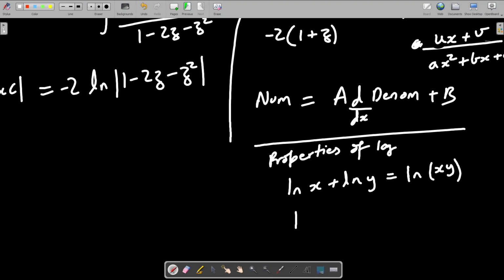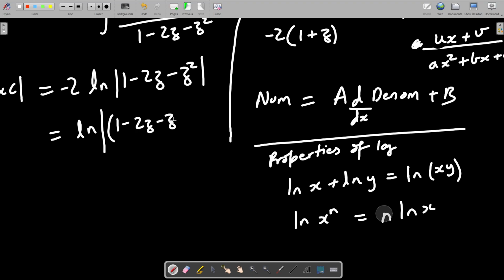Next, ln of x raised to n will become what? n times ln of x. So basically that power n comes down and stays down. Here we have minus 2 times this, so this should become ln of modulus 1 minus 2z minus z square to the power minus 2. Clear? Using this property.